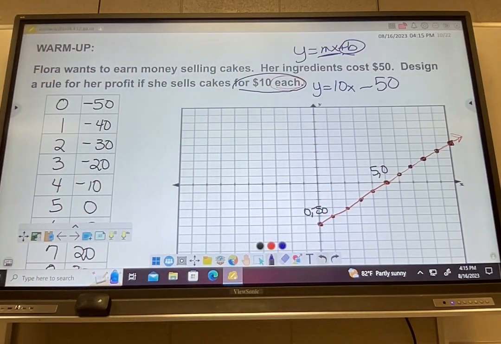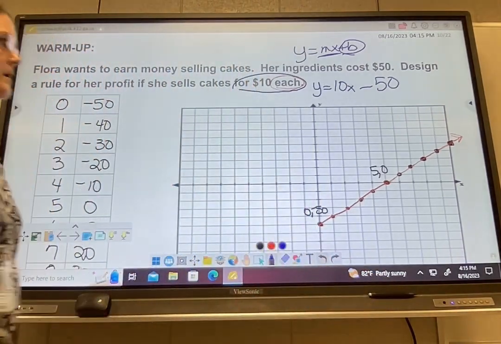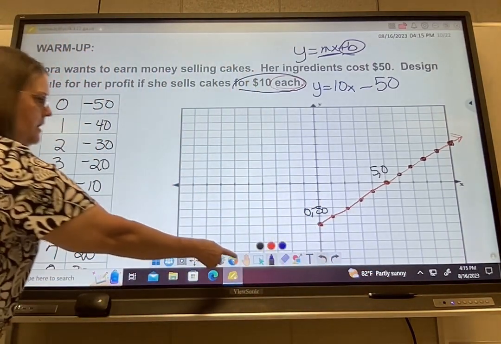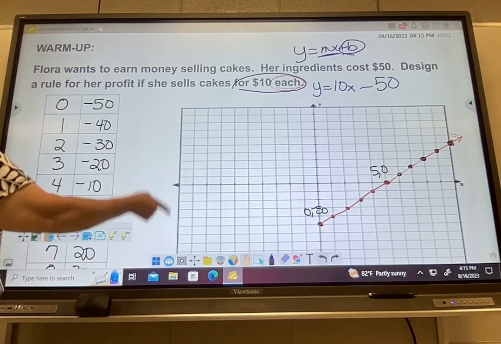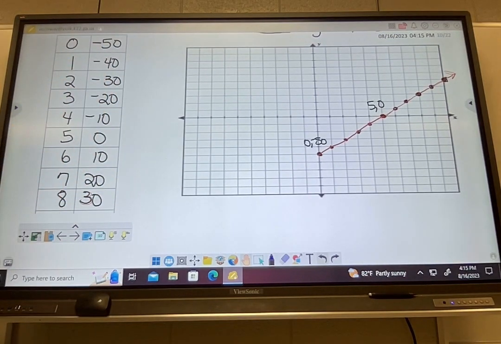All right, now I've already designed the table so that you can follow along as well as the graph. If you look at the table here, we're starting with 0 and she's got negative 50 because that's what her ingredients cost her. For every cake she sells, she makes $10. So it's increasing by 10 each time.